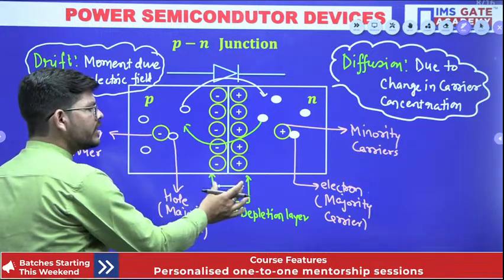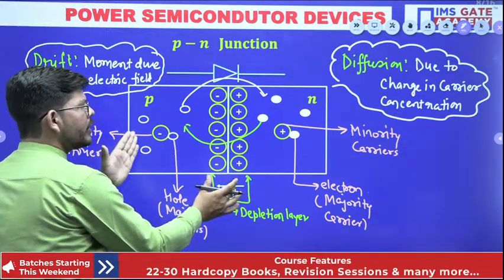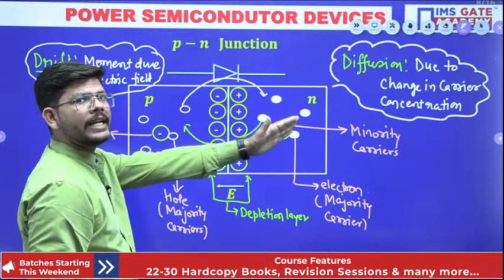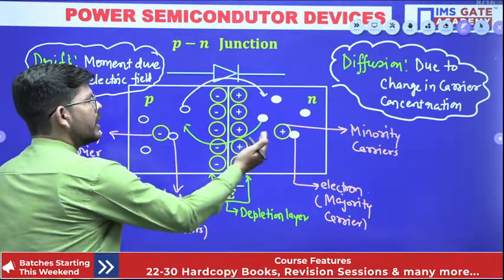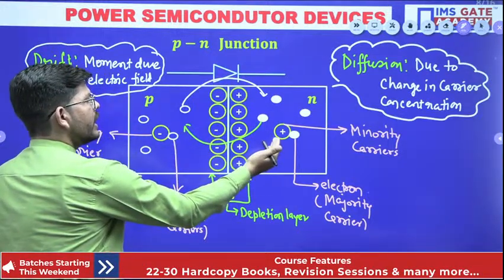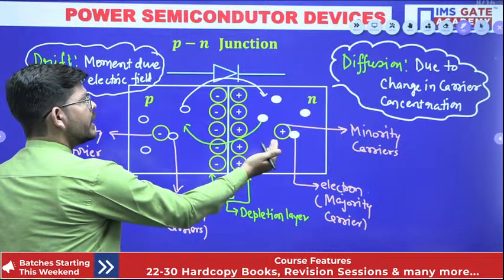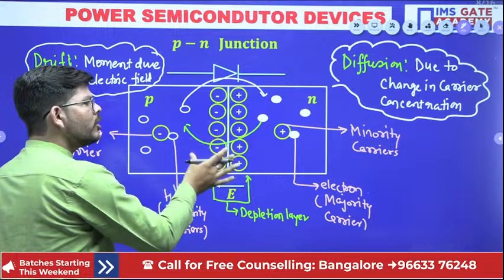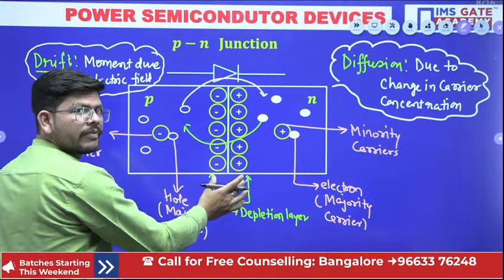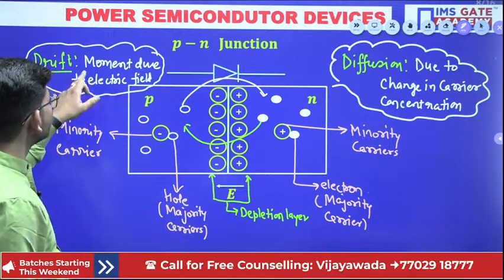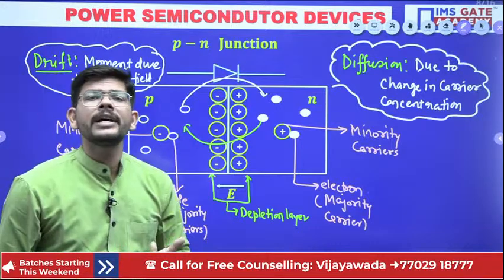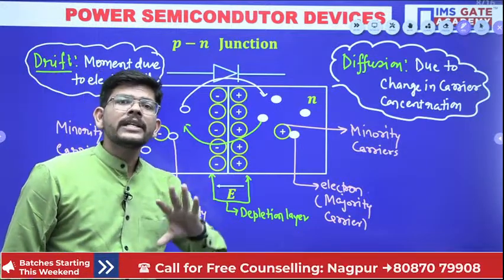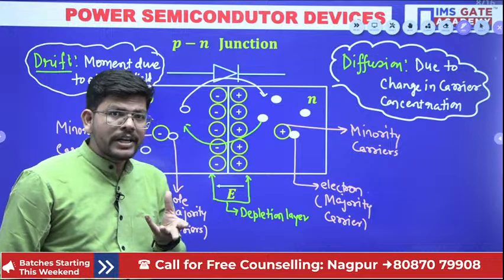Now due to this electric field, the electrons of P type will get attracted towards the N type, and the electrons of N type will get attracted towards the P type. So there will be a movement of charge carriers due to this electric field as well. And when the charge carriers move due to an electric field, the current is called drift current.